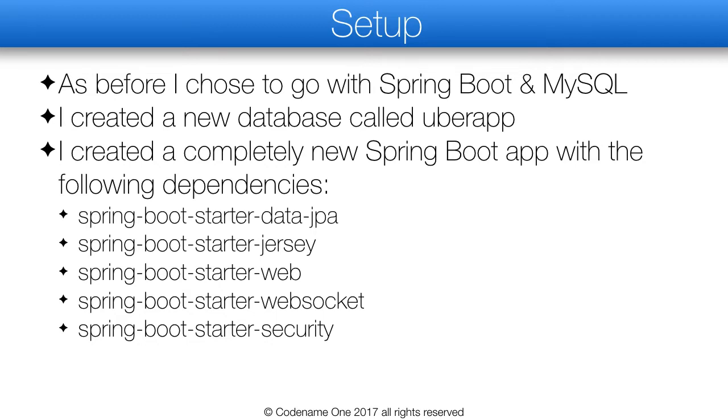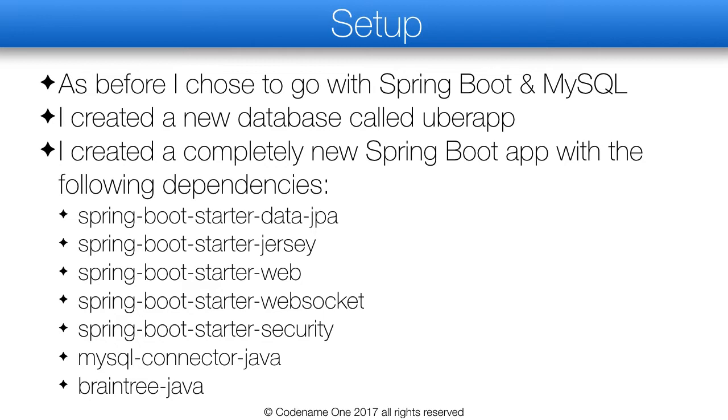Security is mostly used for password hashing, which we will discuss. And MySQL support is needed for the JDBC connectivity. And finally, Braintree for the payment processing we'll need later on.